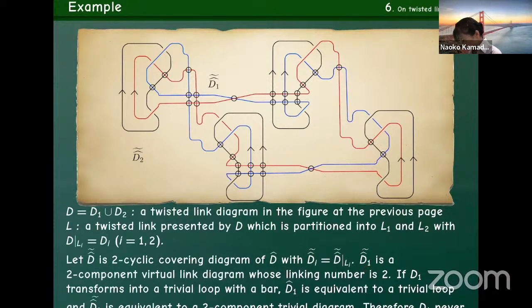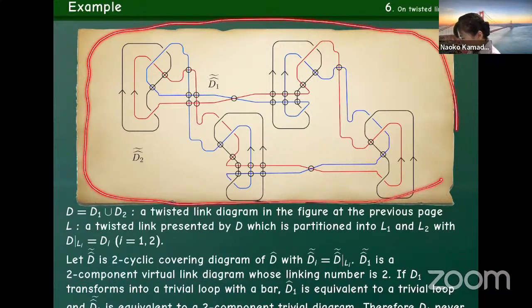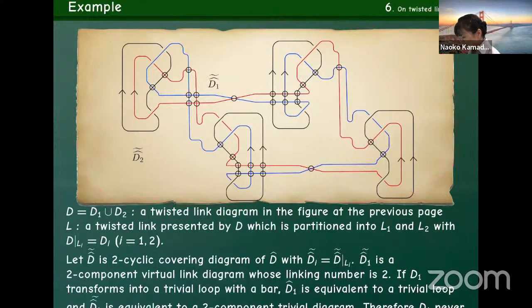D1 hat tilde is a two-component virtual link diagram, and this is a two-cyclic covering of D hat. D1 hat tilde consists of a red diagram and a blue diagram, whose linking number is 2.